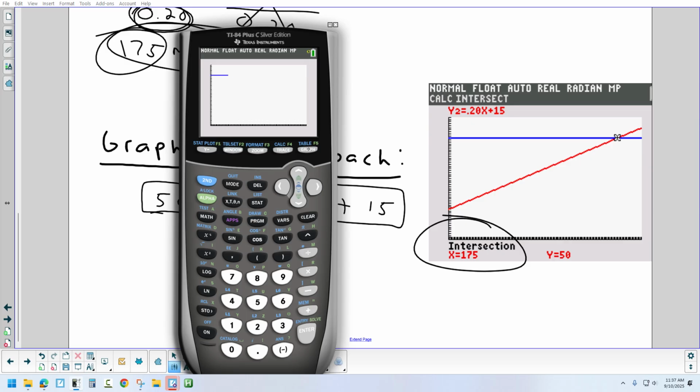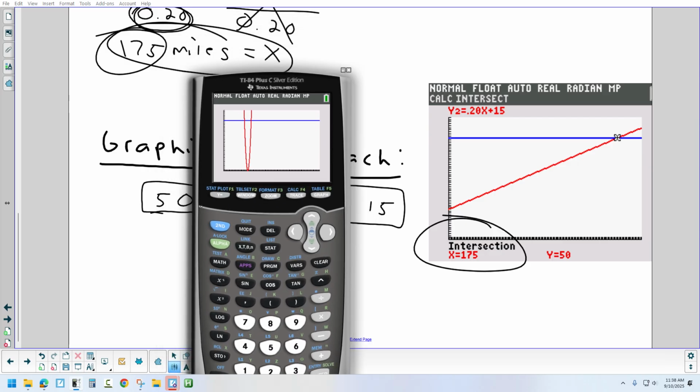Let's see how that looks. Yeah, that's something. Let's just try x minus 50. Okay, that's fine. Okay, so now let's find the intersection here.